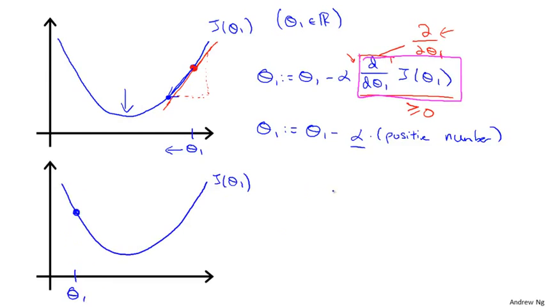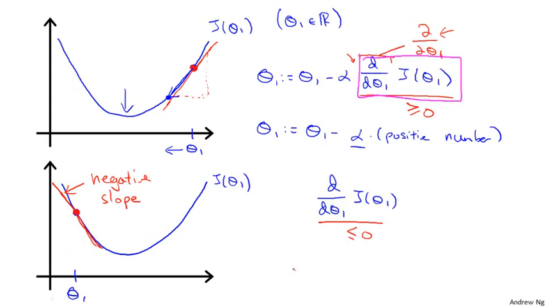Now I'm going to look at my derivative term, d/d theta 1 of J of theta 1, evaluated at this point, which is the slope of this line. But this line is slanting down, so it has negative slope. Alternatively, I say that this function has a negative derivative at that point, so it is less than or equal to 0.